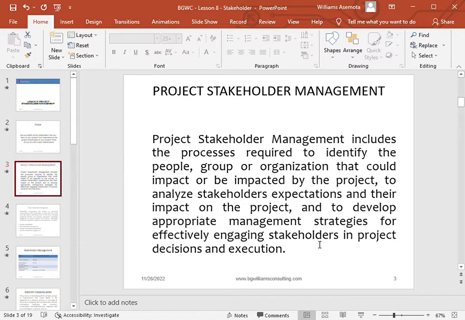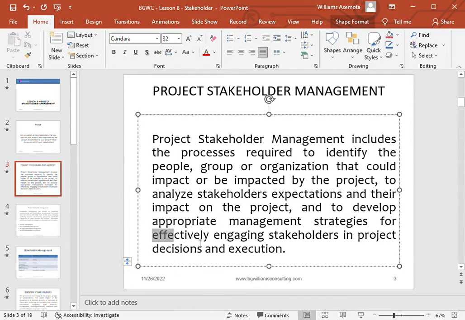And when you know who they are, you analyze their expectations, what their needs are, and what they want to achieve through the project. It must be documented, so that you can effectively engage all the stakeholders in your project.